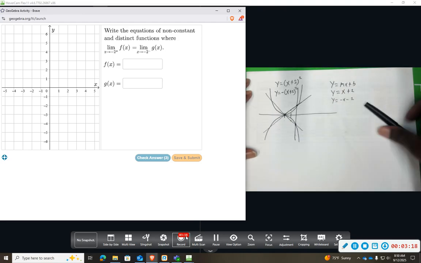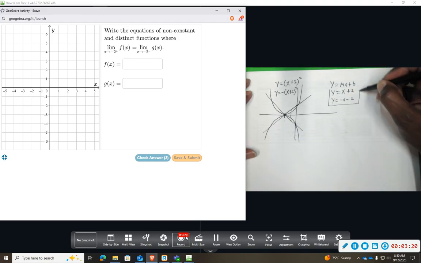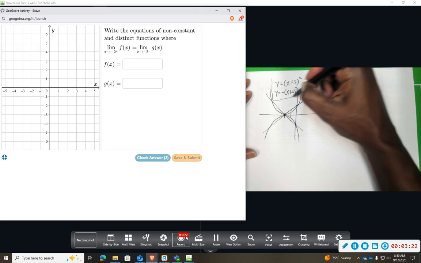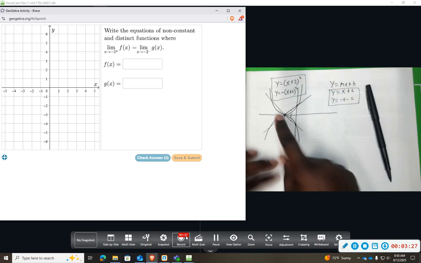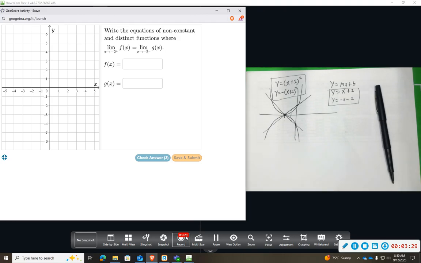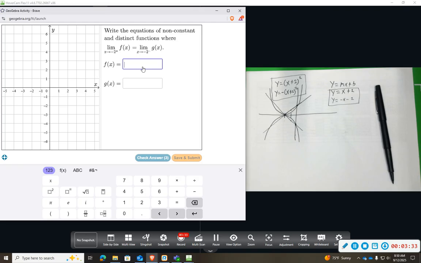So either pair of functions will work as we take the limit and approach -2. And again, I just use -2 because that's what they used in the problem. So either of these functions will work. Let's do the parabolas.